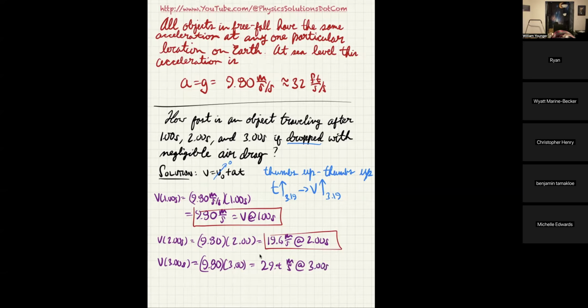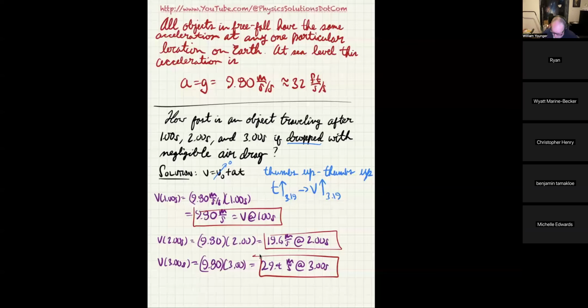So that's how the acceleration works on an object that's dropped from rest and is in free fall. It goes 9.8 meters per second after 1 second.